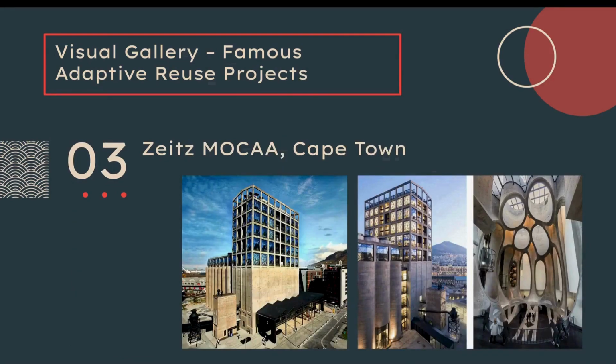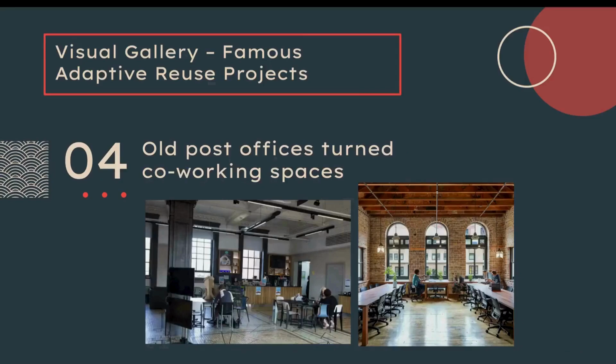This is Zeitz MOCAA in Cape Town. I believe it is a former factory, and now it has become an office space. What about these changes? An old post office became co-working spaces.